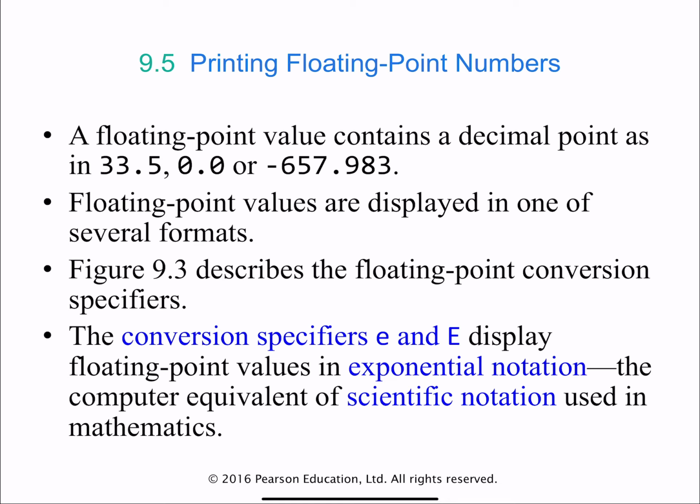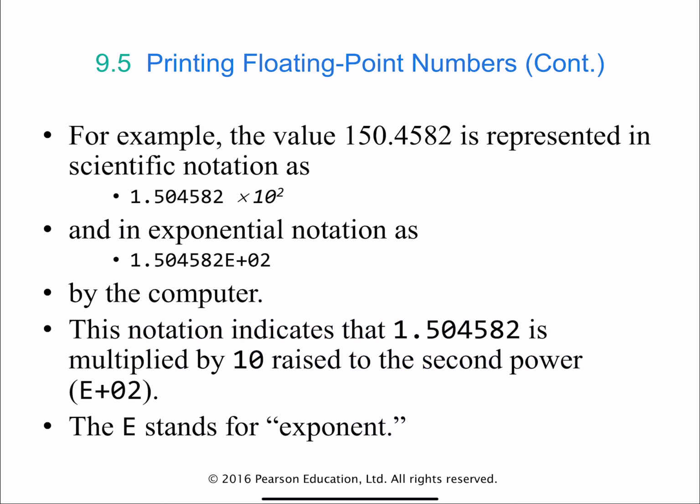Then let's talk a little bit about conversion specifiers for floating point numbers. We've already used a conversion specifier %f, but there are some other options that we have. Another way to display a fractional number is the scientific notation, meaning something like this. On paper, you would display it like this: 1.504582 times 10 raised to power 2 in this case.